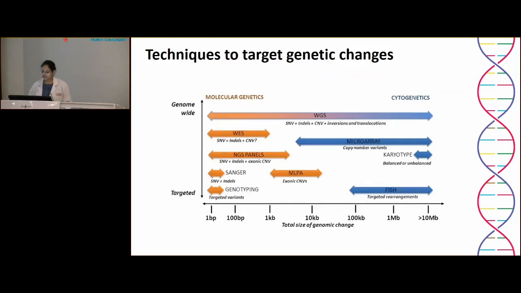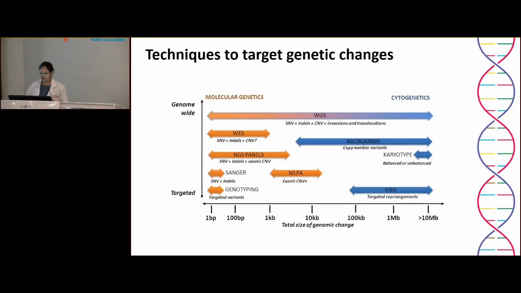Now, there are different techniques to target these genetic changes. For example, single nucleotide variations can be easily detected by simple PCR-based techniques or Sanger sequencing. And when we move ahead towards the longer stretches, hundreds of base pairs can be detected by Sanger and other PCR techniques.